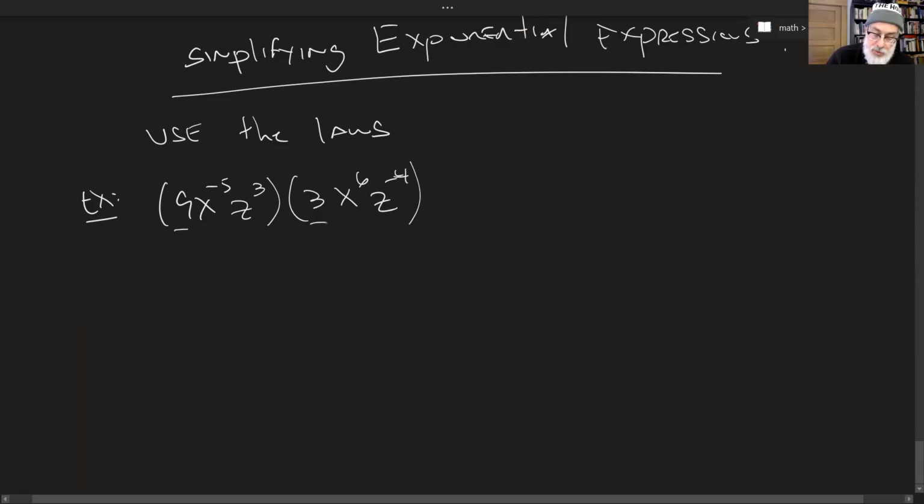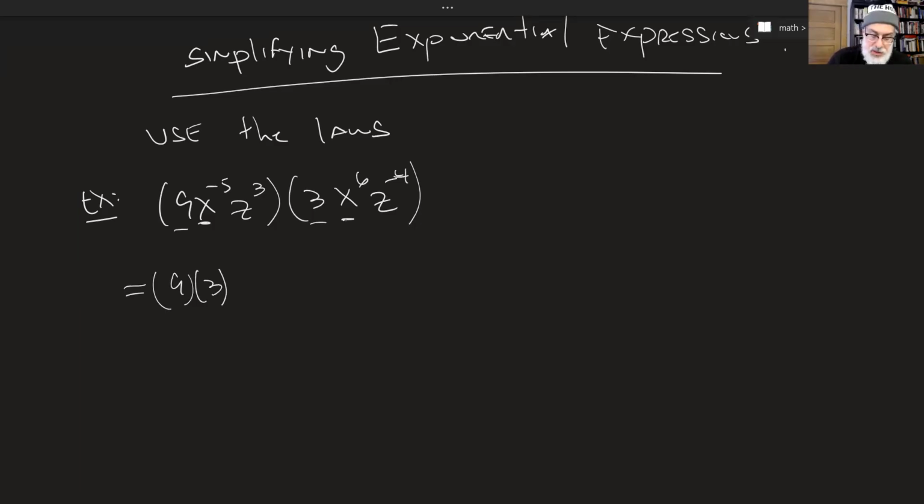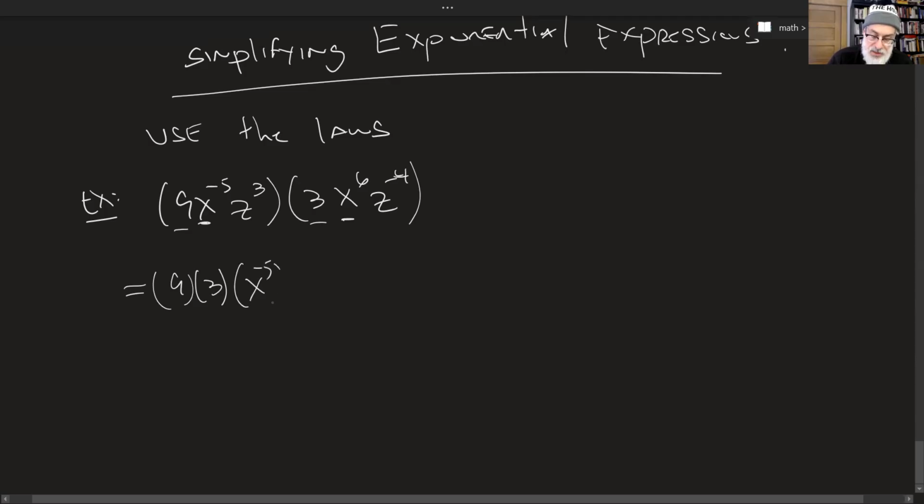So I'm going to group 9 times 3. And so this is distributive, associative, commutative, all of these real number properties. So I get x to the negative 5th and x to the 4th. We've got z to the 3rd times z to the negative 4th.